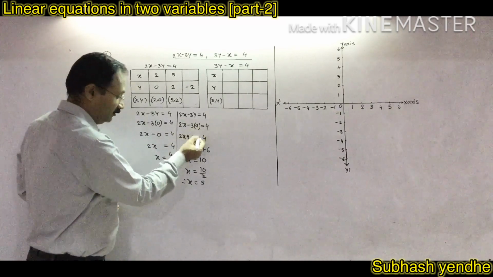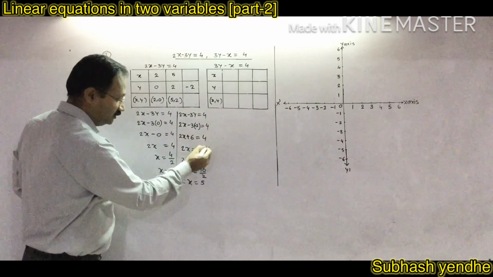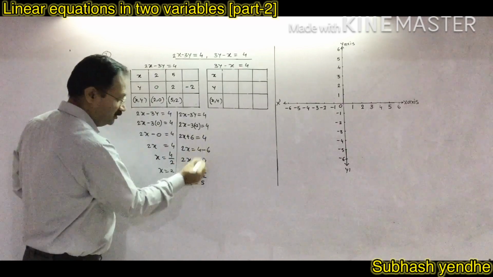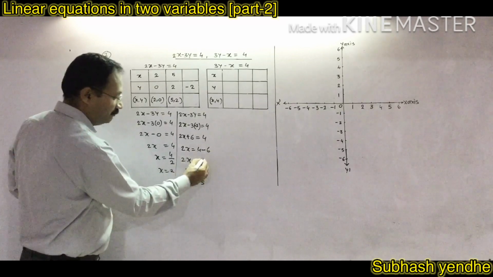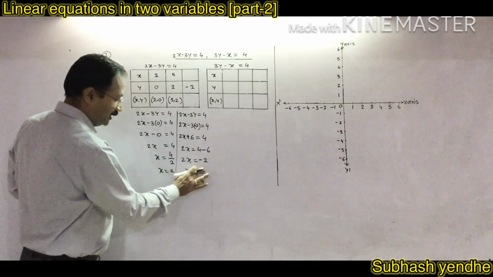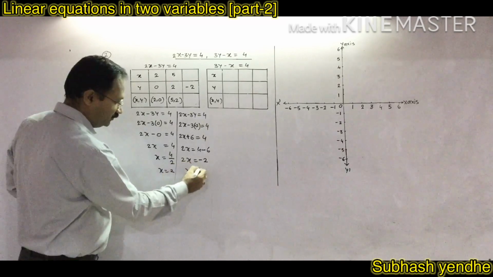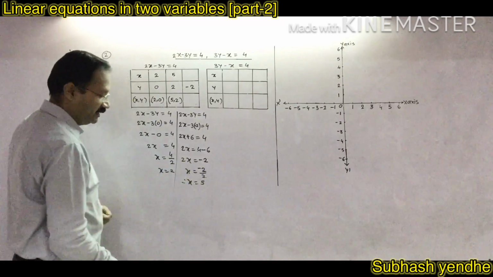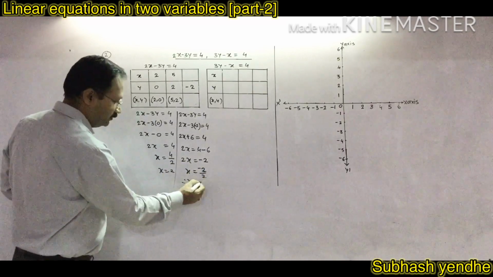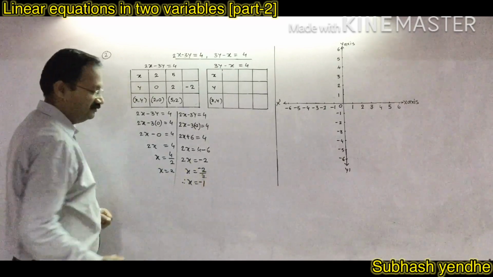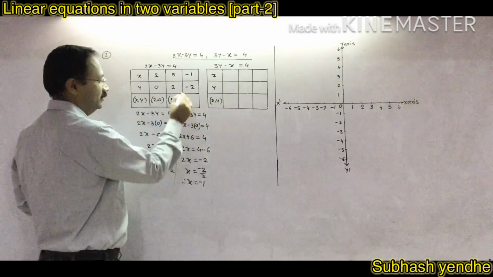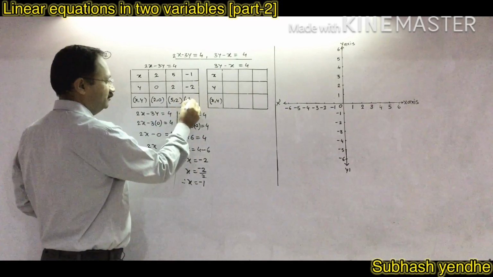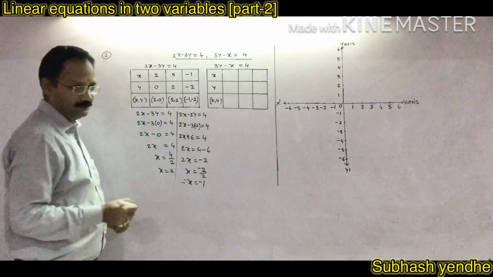Minus minus is plus, so plus 4 minus 6 will be minus 2. And then 2 comes to this side: minus 2 divided by 2. So we will get 2 1s are 2, plus minus minus. The value of x is minus 1. So the coordinates are minus 1, minus 2.